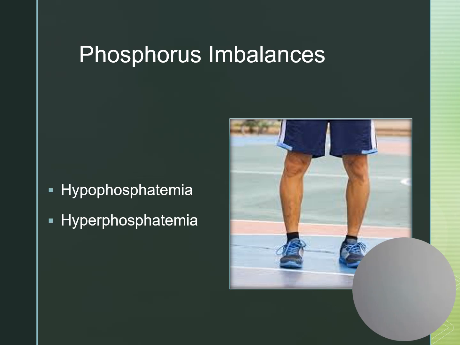Long-term ingestion of antacids, burns, starvation, and diuretics can also cause low levels. These clients have anorexia, muscle weakness, osteomalacia. This is the softening of the bones. And if you look at the picture on the slide, you see how those bones begin to bow outwards due to osteomalacia.